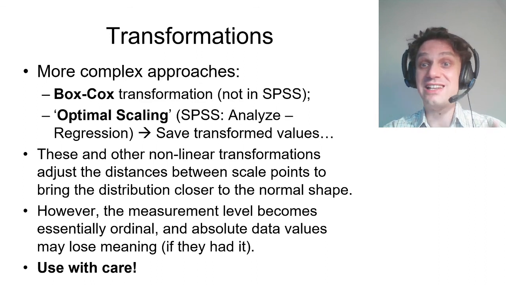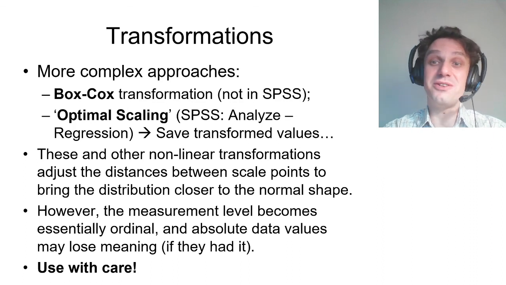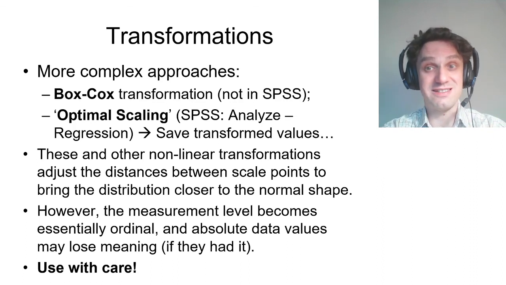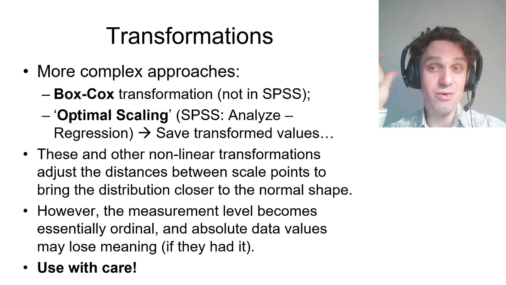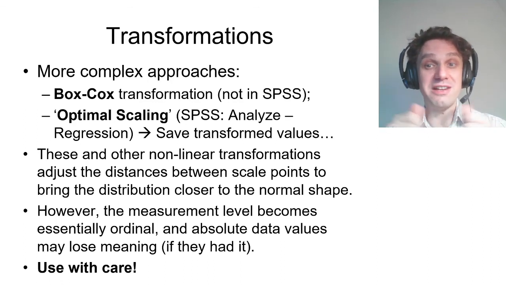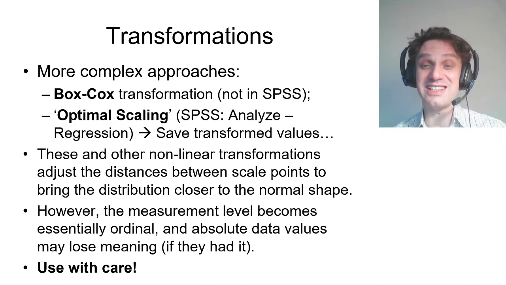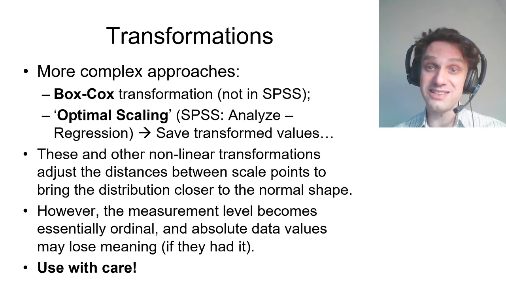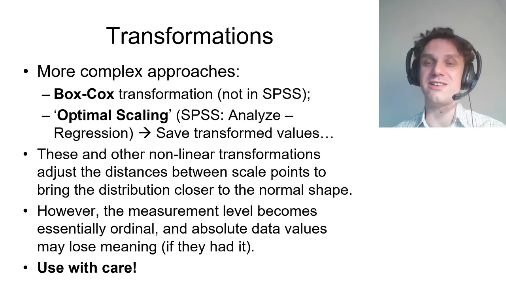If your scale was initially ordinal, it does not really matter. Your interpretation will still be pretty much the same. However, if your scale was initially interval and you applied some kind of logarithmic transformation, you need to be aware that now your interpretation of all associations does not apply to your original units, but to the logarithm of those original units, and so on. That's why we need to use these transformations with care.